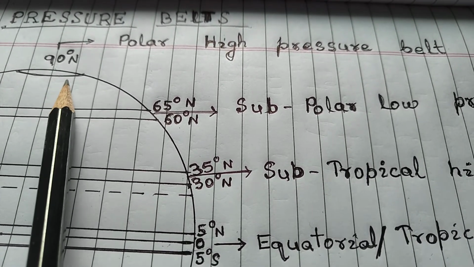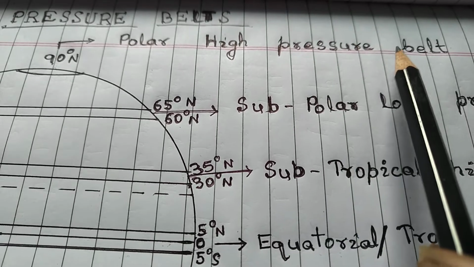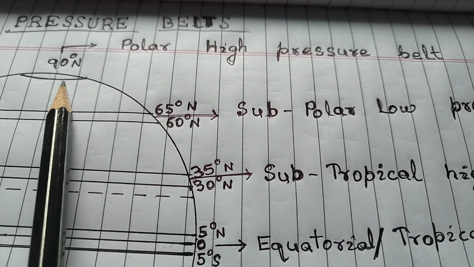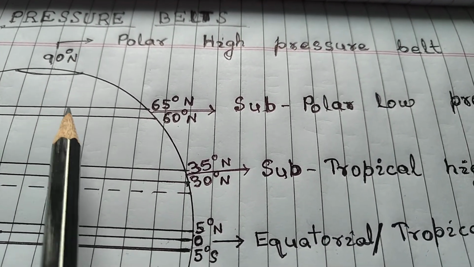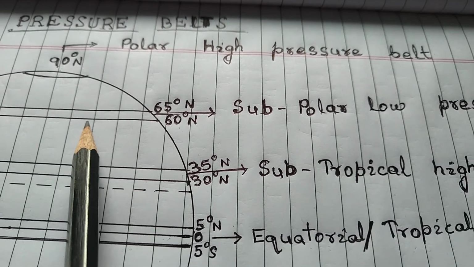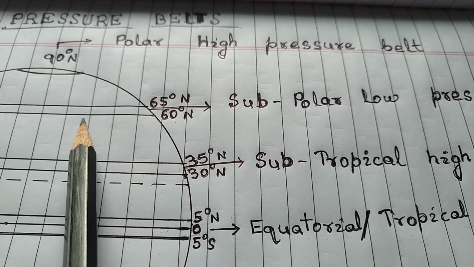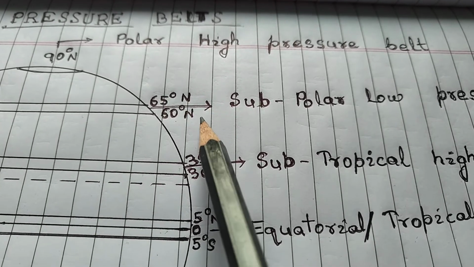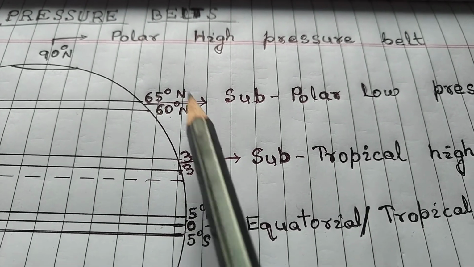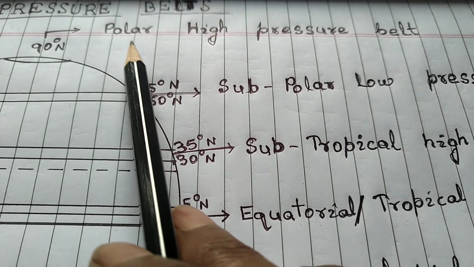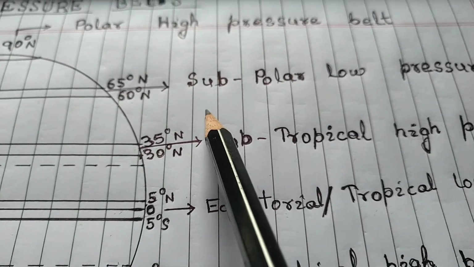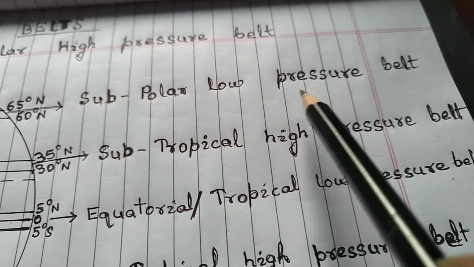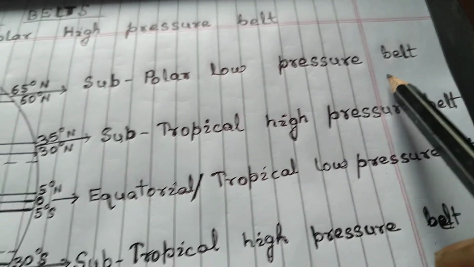If the polar region has a high pressure belt, then in comparison with the polar region, 60 degrees receives more temperature. So we will write that it has low pressure. So this is polar and this is subpolar low pressure belt.